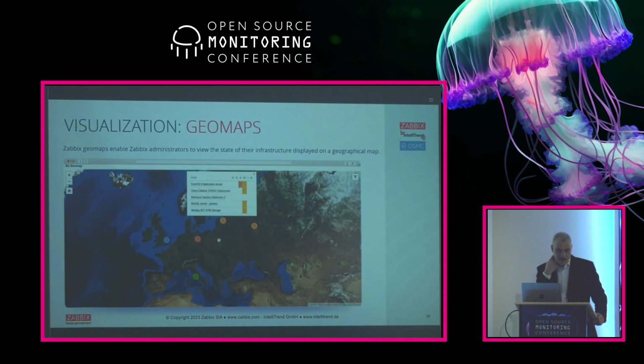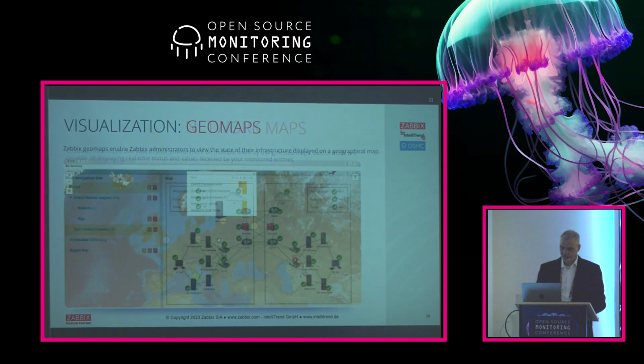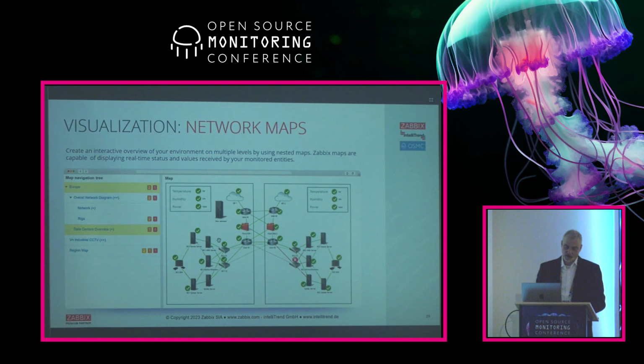You can use geomaps in Zabbix with a geo provider of your choice. If you added the longitude and latitude parameters in your host inventory, then Zabbix will show those immediately in the map. Another cool widget in the dashboard is the map navigation tree widget on the left hand side here.